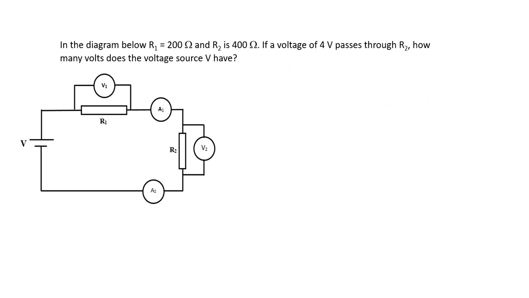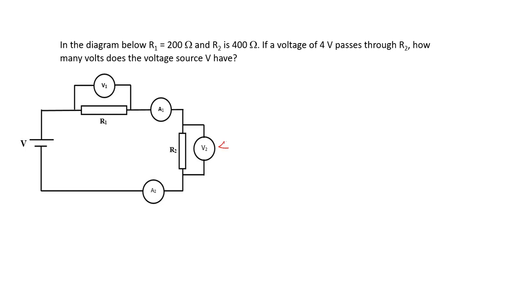The second question is in the diagram below. R1 is 200 ohm and R2 is 400 ohm. If a voltage of 4V passes through R2, how many volts does the voltage source have? So we are saying 4V passes here.